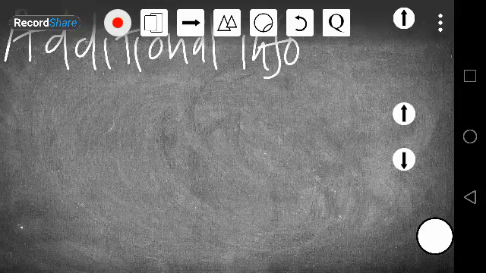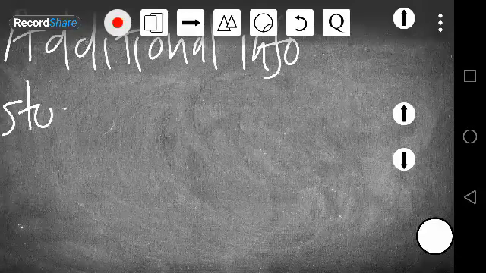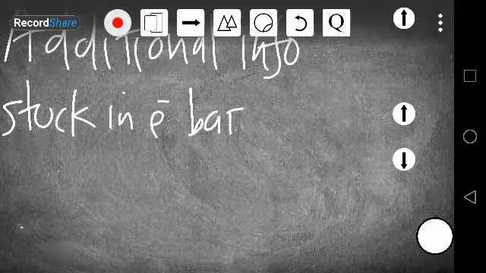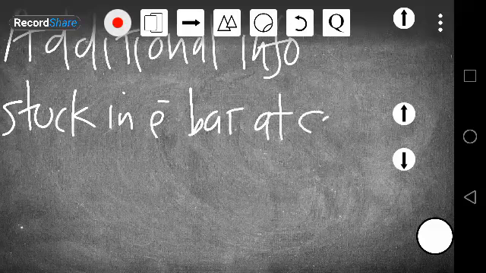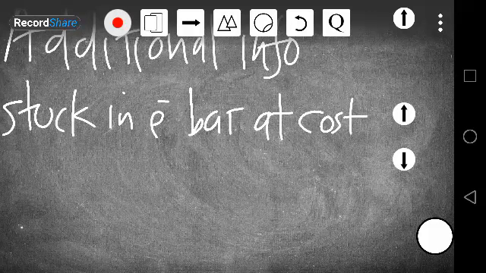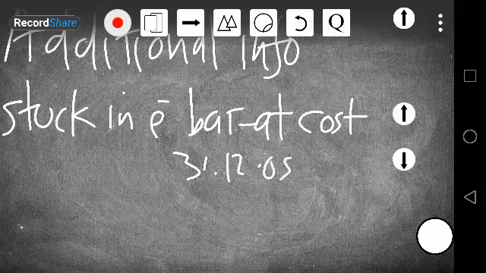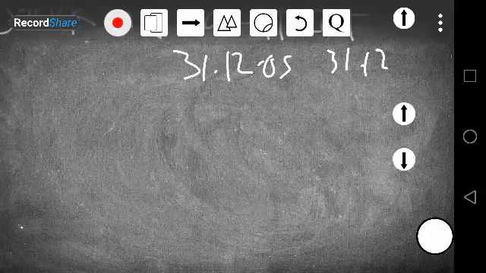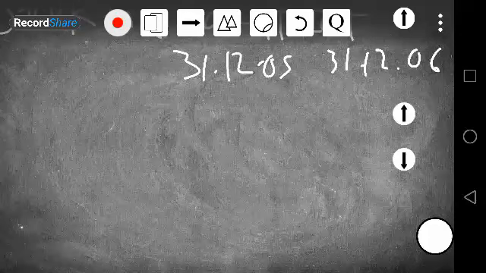With stocking the bar, at cost, with the one for 31 405, and the other one is 31 406.